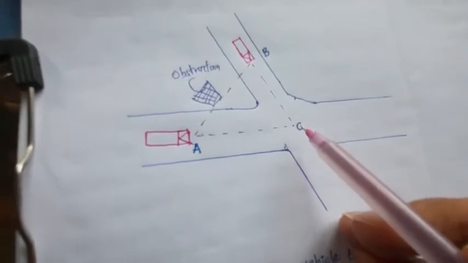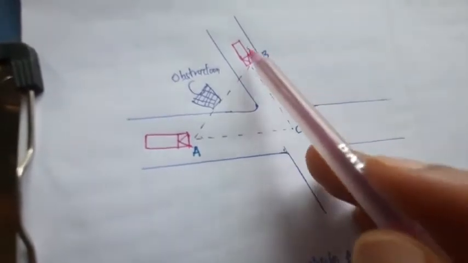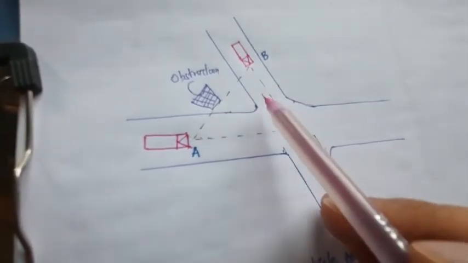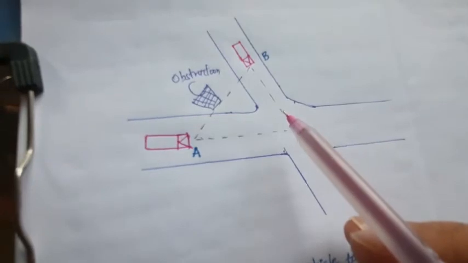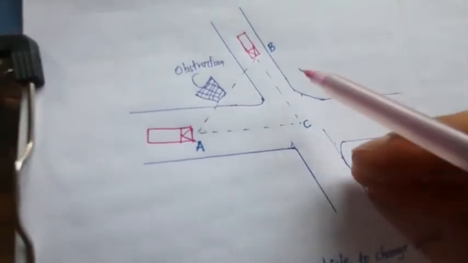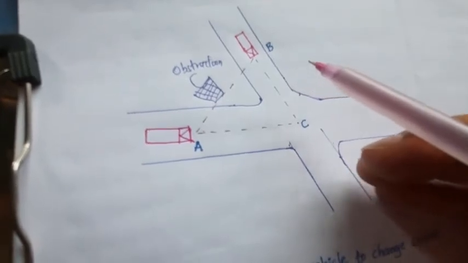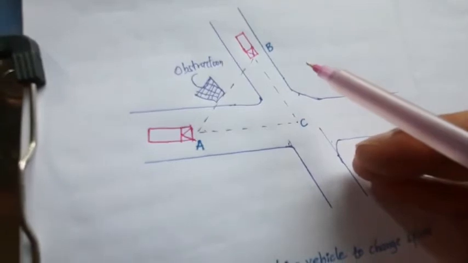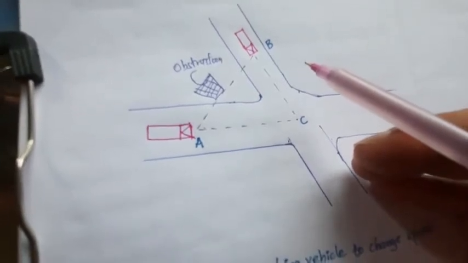The vehicle approaching from the minor road, we are considering this is a minor road and this is the major road, should slow down, and the total reaction time for the driver to decide to change the speed may be assumed as 2 seconds. At least one more second will be needed for making the change in speed.